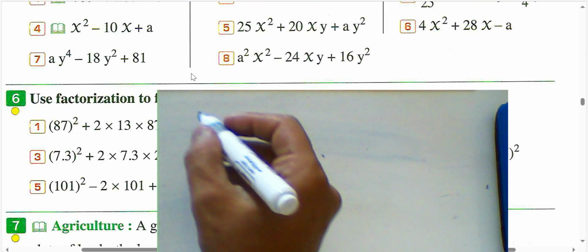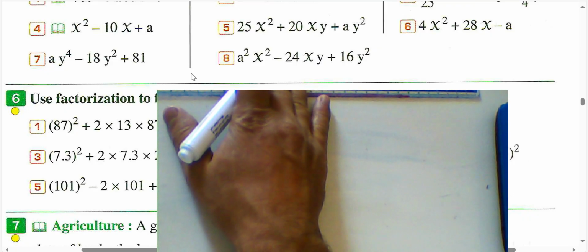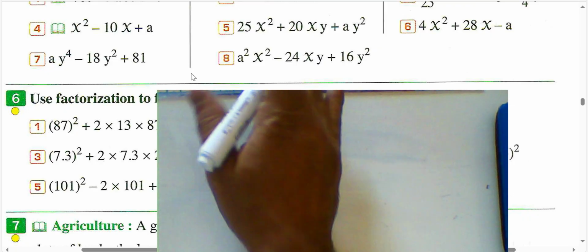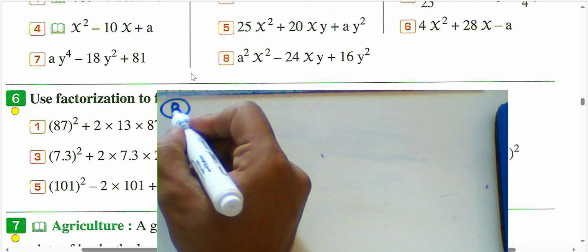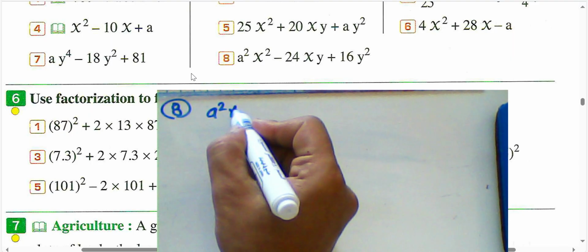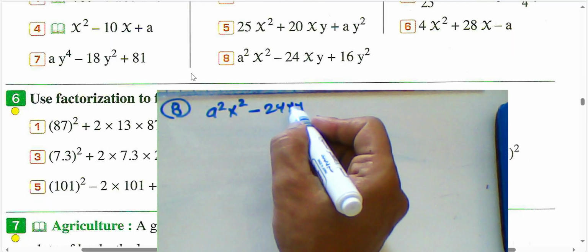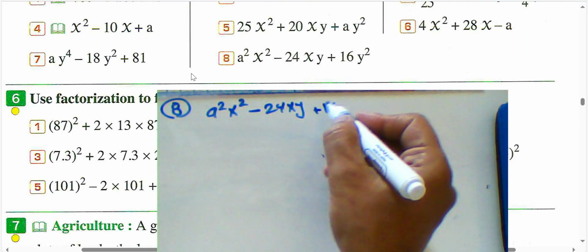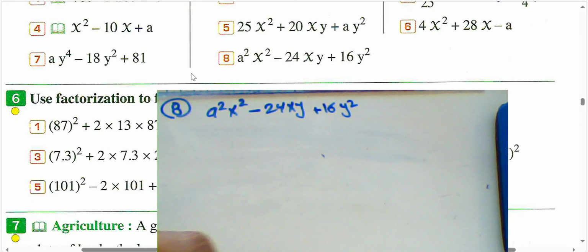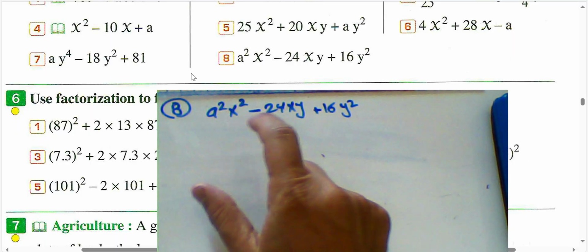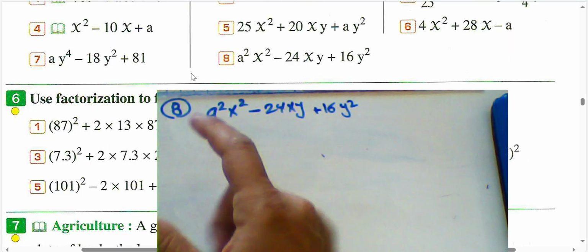Question number 8. a power 2 x power 2 subtract 24xy plus 16y power 2. In this expression, a lies in the first.